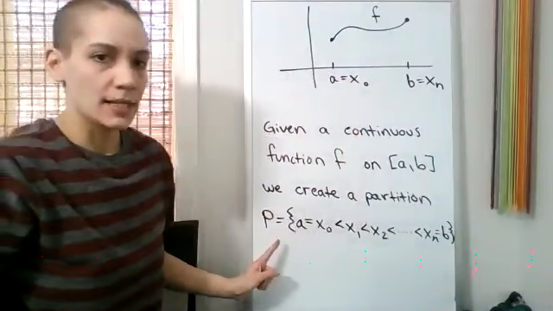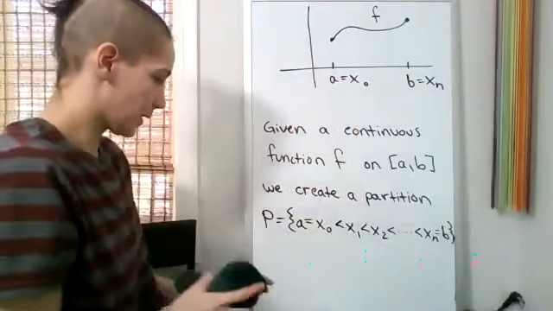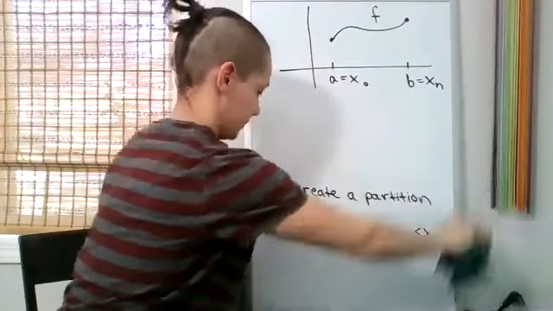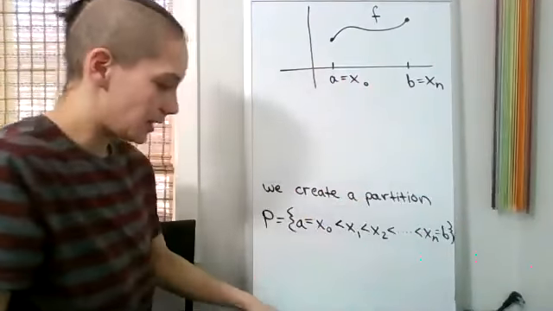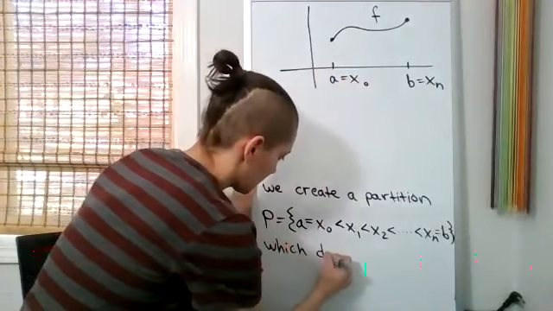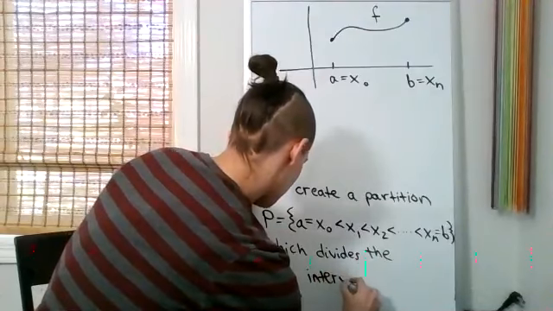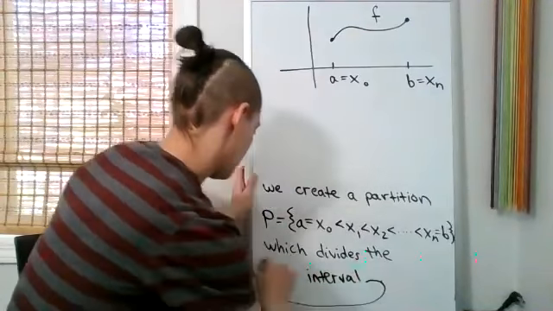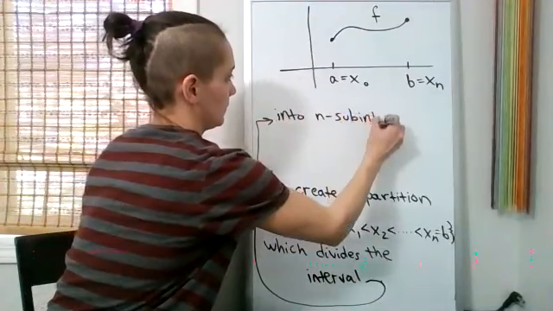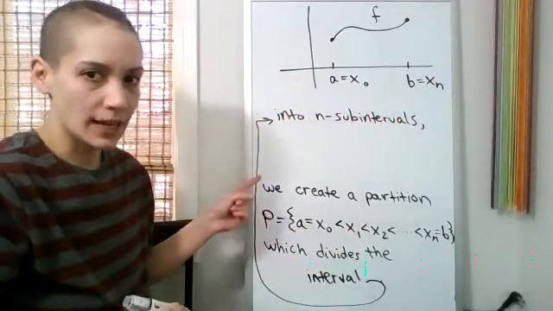Okay, this partition has divided the interval into n subintervals, each of width delta x.